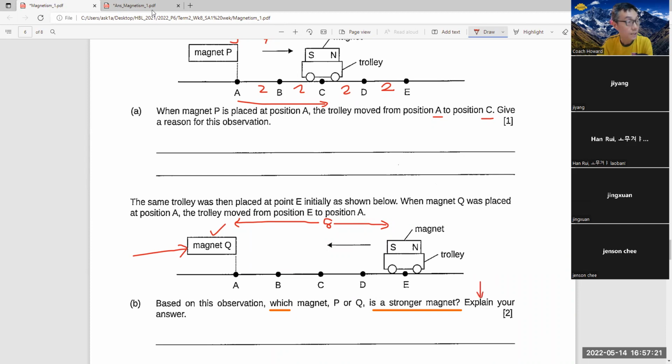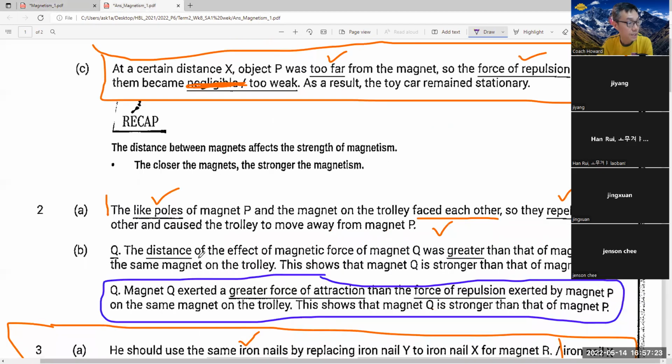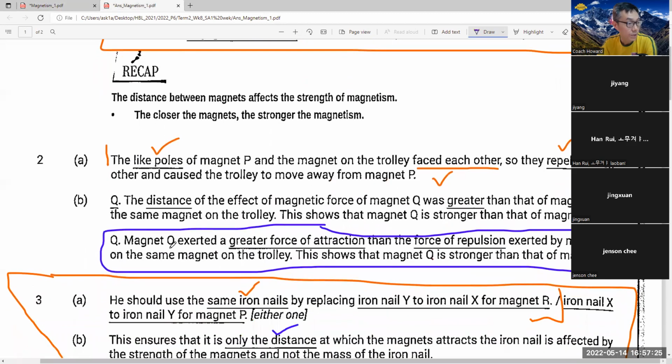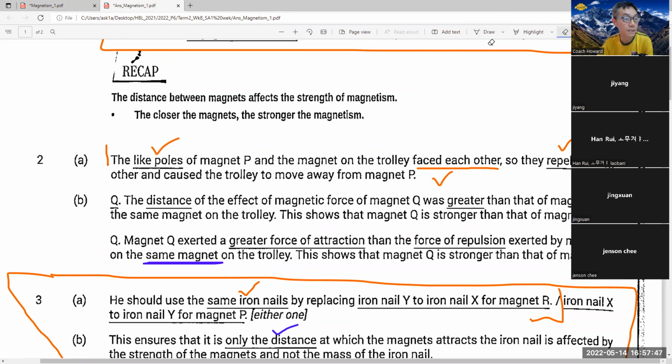You need to explain. You should say that Q is a stronger magnet because magnet Q exerts a greater force of attraction than the force of repulsion exerted by magnet P on the same magnet. This is the same because they use the same magnet on the trolley. This shows that magnet Q is stronger than magnet P. Take note of the keywords here.